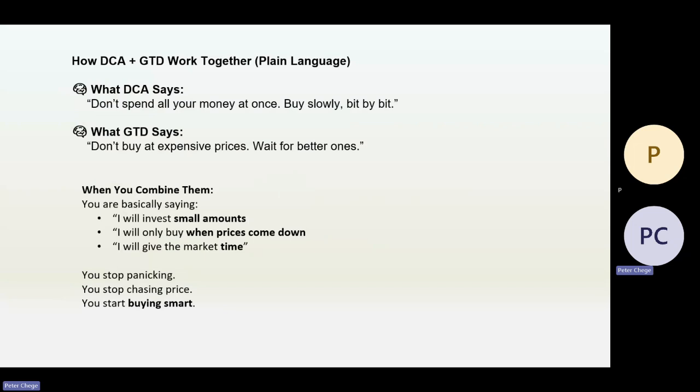So when you combine both, what you're basically saying is, I will invest a small amount. I only buy when prices come down, and I'll give the market time. So I'll keep on buying slowly. When prices come down, I will buy small shares, if they continue, because this market is not predictable. Even in this holiday, even if I'm telling you prices will come down, they will not go down by a significant figure.